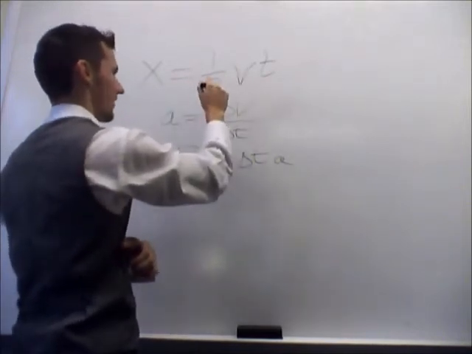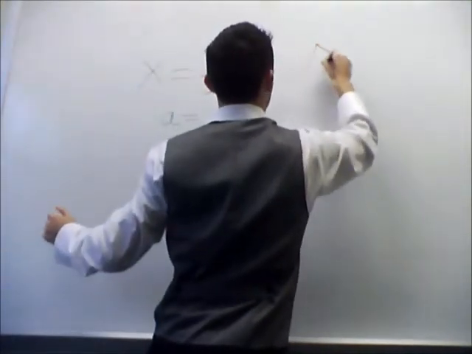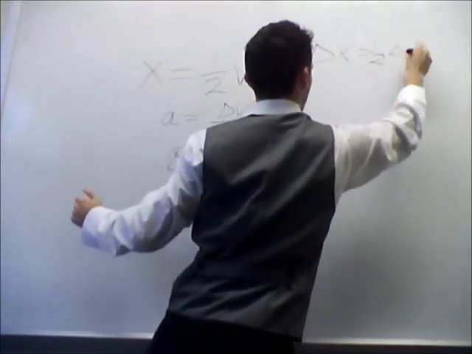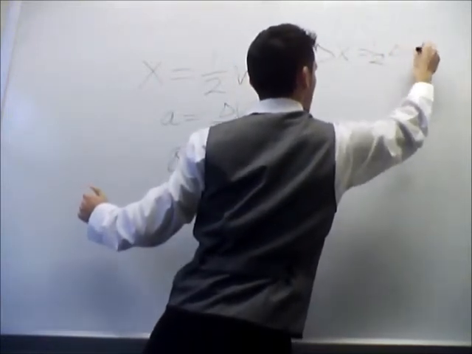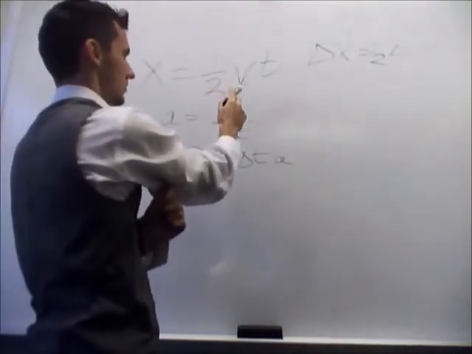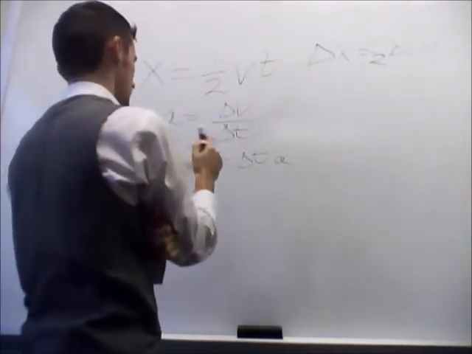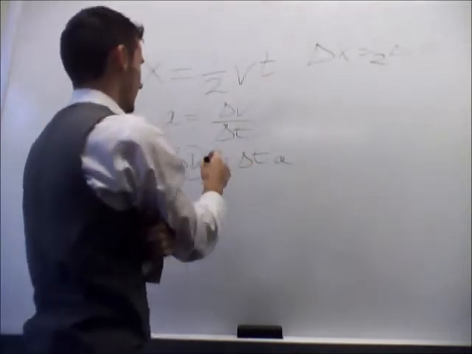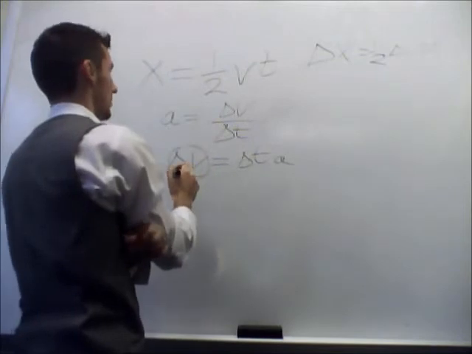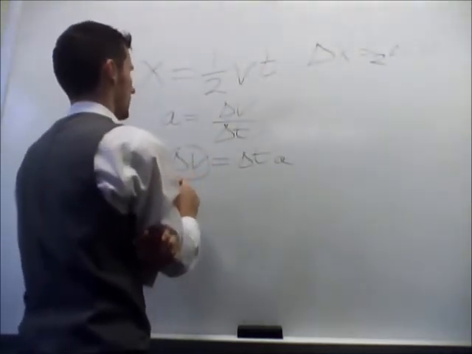Well, this is equal to change in x equals 1/2 change in v change in t. They're equivalent. It's just easier to write it shorthand like this, because I know what I mean. But we'll plug this change in v into that. It's really the same thing, but I'll keep it consistent with the triangles here.